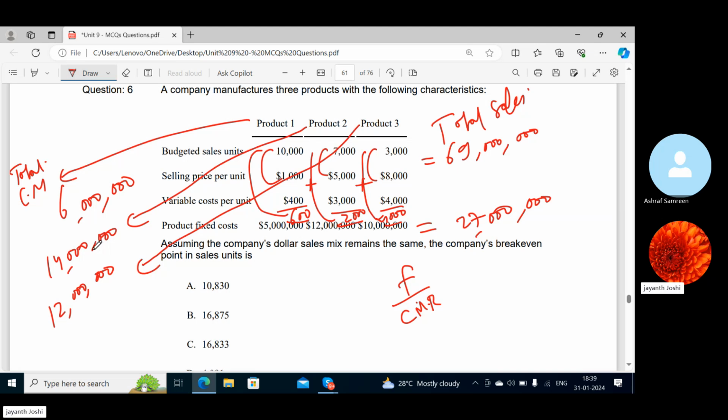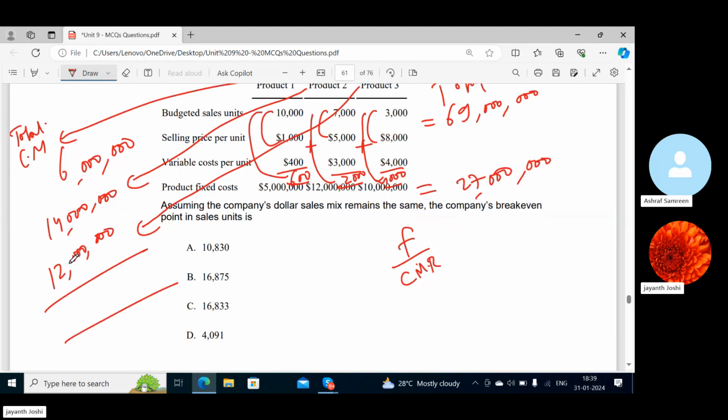So all the three are ready. So first what we'll do is, as you know, this is a multi-product one, we'll add all the contributions. 26, 32, right? This is the total contribution margin.